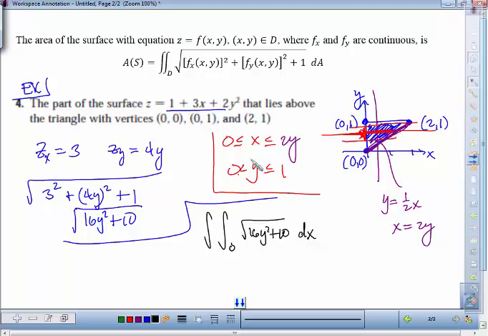Then we're going to integrate with respect to x first, and our x limits go from 0 to 2y. And then our y limits, the constants, go from 0 to 1. And if you do this integral, like Harrison said, if you integrate with respect to x first, this is just going to be x times this, and then a simple u substitution will get you the rest of it.